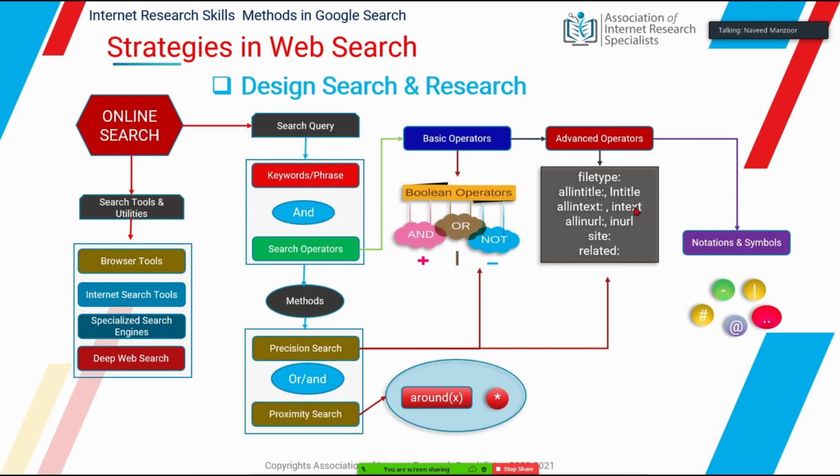For example, in title, in text, and in URL actually work on certain areas or certain text that is on the page. File type works in a different manner, in that it restricts your search to a certain type of files that we know of, like PDF, Excel, docs, and so on. Site is another constraint that makes sure that your search query is restricted to a certain domain name, and so on and so forth. So these work in a different way, while basic operators work in a way that sort of allows for the search words or keywords.